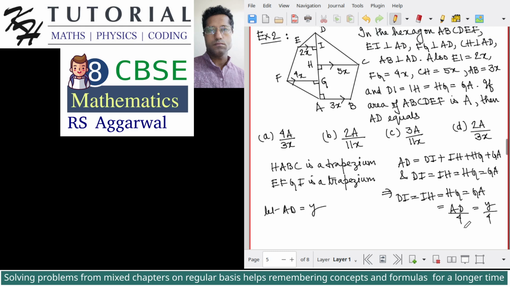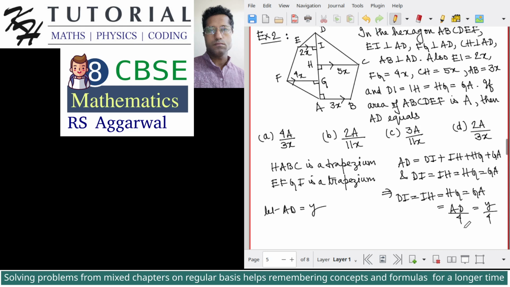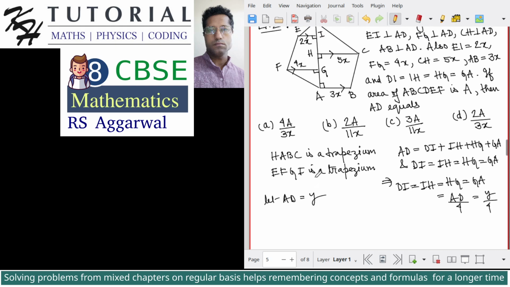Okay, now let's calculate the area of the whole figure, that is the hexagon. Let's calculate the area of all the triangles and trapezium one by one.